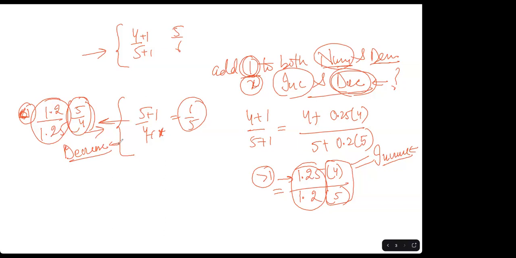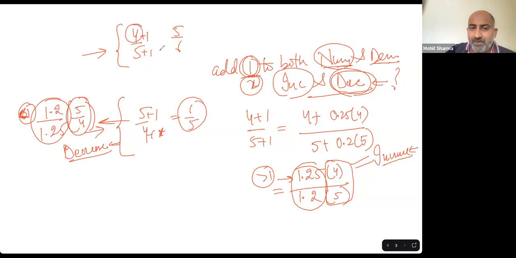Okay. So if the numerator is smaller, and we are adding, let's say, instead of 1, any number to both numerator and denominator, the smaller numerator means the numerator is getting increased by a bigger percentage, and the denominator is getting increased by a smaller percentage. So we are multiplying the fraction by something which is greater than 1.